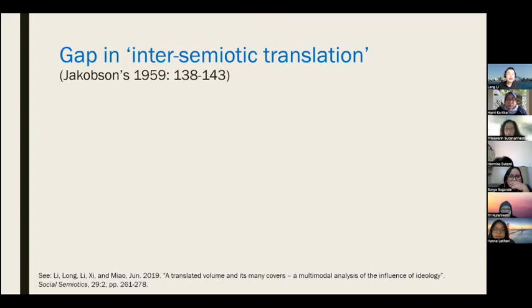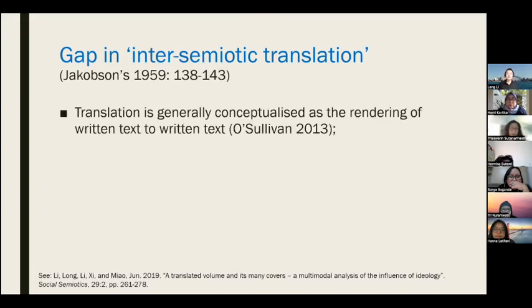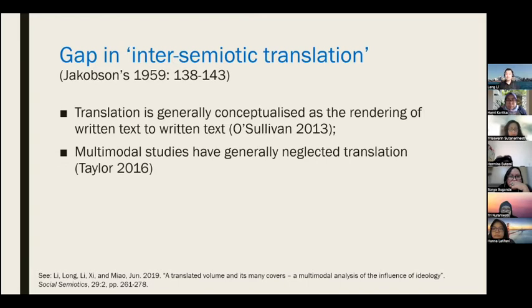And this is largely because translation is generally conceptualized as the rendering of only written text to written text. So any text that is not written has generally been neglected by scholars. On the other hand, multimodal scholars have generally neglected translation issues, except for audio-visual translation, which has gained more attention.